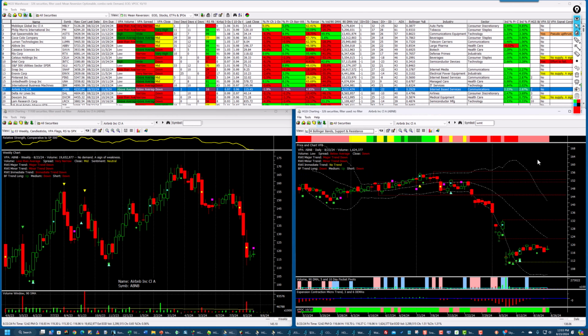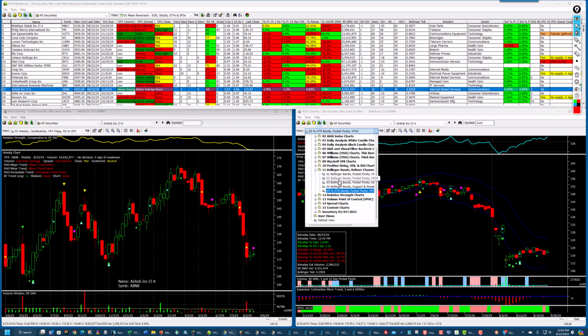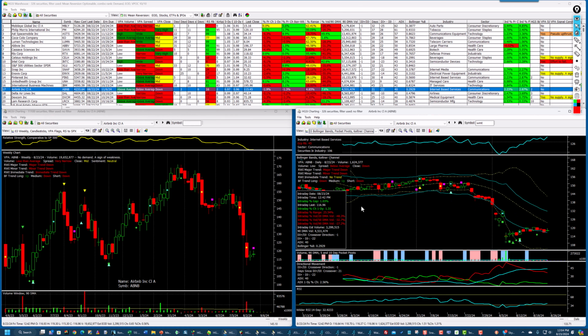This is Bollinger Bands with support and resistance lines, which are drawn in automatically. And then this is ATR only with pocket pivots and the 3-6 crossover. But I primarily use number 3 because it contains all the same information that I have up here.